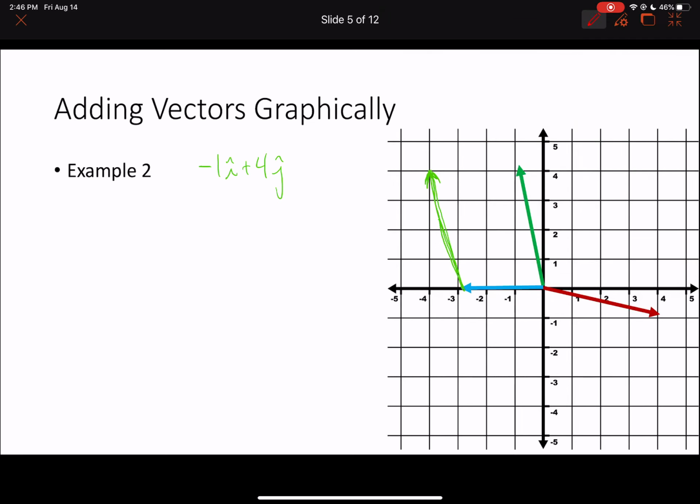And then the red one moves 1 down and 4 to the right. And so that would be 4 i hat, since it moves 4 to the right, 4 in the positive x direction. And then -1 j hat, because it moves down 1 in the -1 y direction. And if we add it to the end of the green vector, we will end up going about right there.